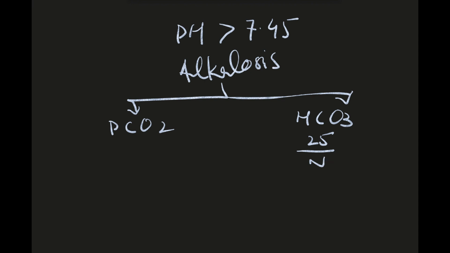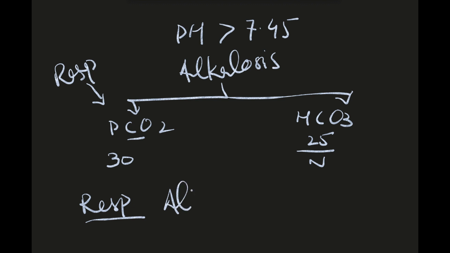Then you look towards the PCO2 levels, and the PCO2 level, this is by the way an acidic gas, you already know, its level has dropped down to 30. You know that it is the respiratory component, so it will be respiratory alkalosis.